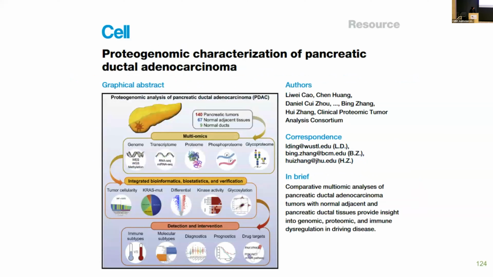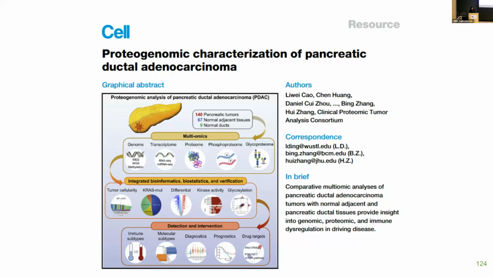Recently we characterized the CPTAC prospectively collected pancreatic ductal adenocarcinoma: 140 pancreatic tumors, 67 normal adjacent tissues, and 9 normal duct tissues. This represents the simultaneous generation of genomic, transcriptomic, proteomic, phosphoproteomic, and glycoproteomic data. Unlike the ovarian cancer study, the sample collection happened over 10 years ago and the genomics was also published over 10 years ago, but the proteomics and glycoproteomics came from a recent study.